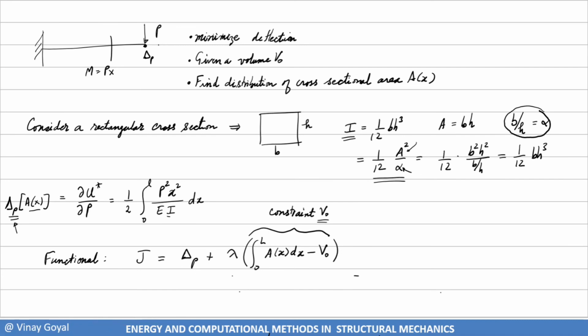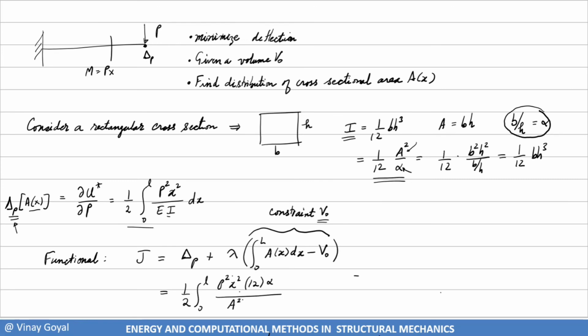And so what I can do now is write this term here, the integral from 0 to L of P squared x squared. I'm going to substitute I for whatever I is, so I have 12 alpha, and then I have A squared at the bottom.